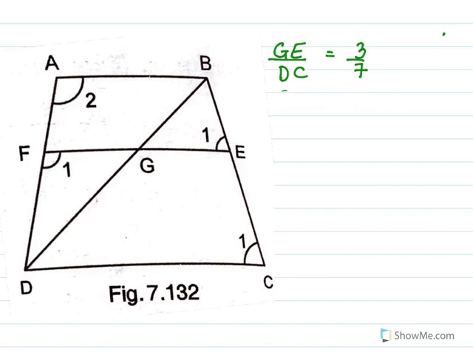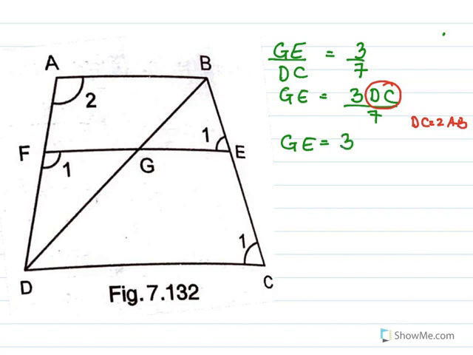So I have GE equal to 3 DC over 7. So GE equal to, if you recollect, DC was given as twice AB. So this is 3, and for DC I write twice AB. This is over 7. So GE equal to 6 AB over 7.